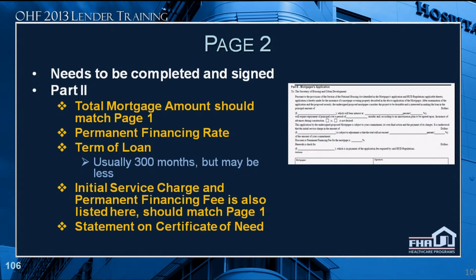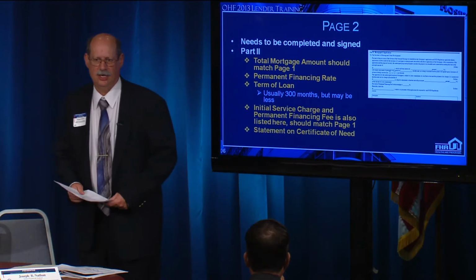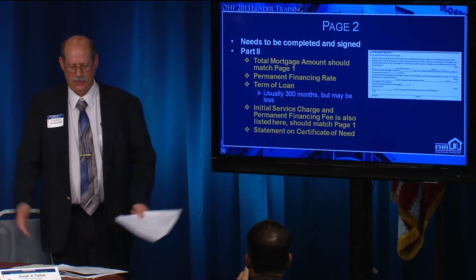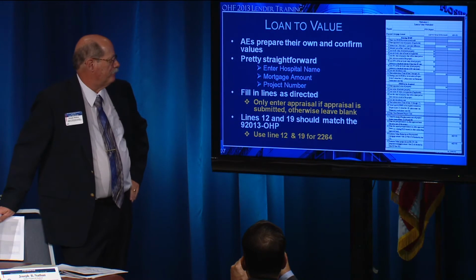The initial service fee charge and permanent financing fee should match what's on page 1. There is a statement for certificate of need down here at the bottom where you check off a box. So those are the changes on that one. Let's go to the next slide.